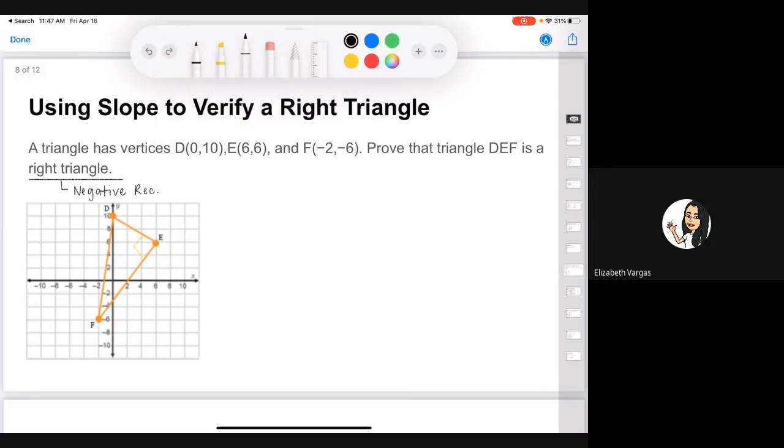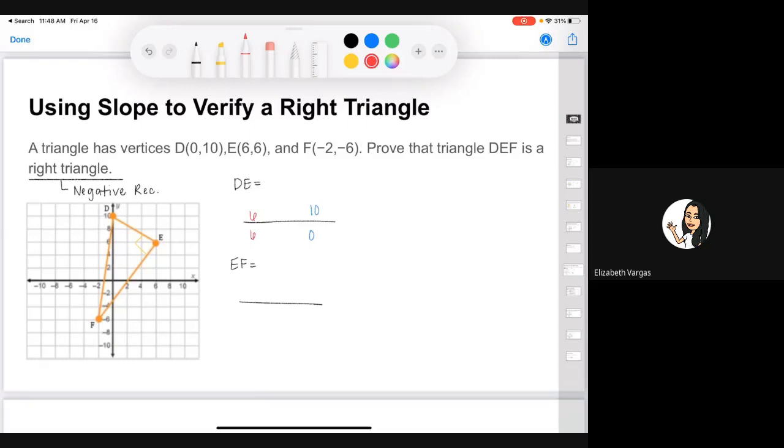And so in this one, we're going to test DE and EF as having a right angle. And so I'll go ahead and put in my slope. So I'm going to find my slope of DE and then my slope of EF. So 6, 6, and 0.